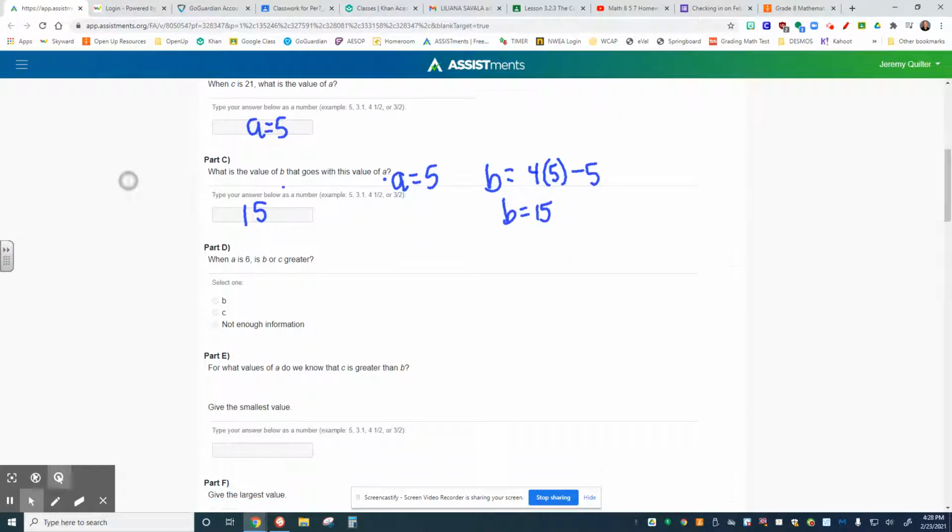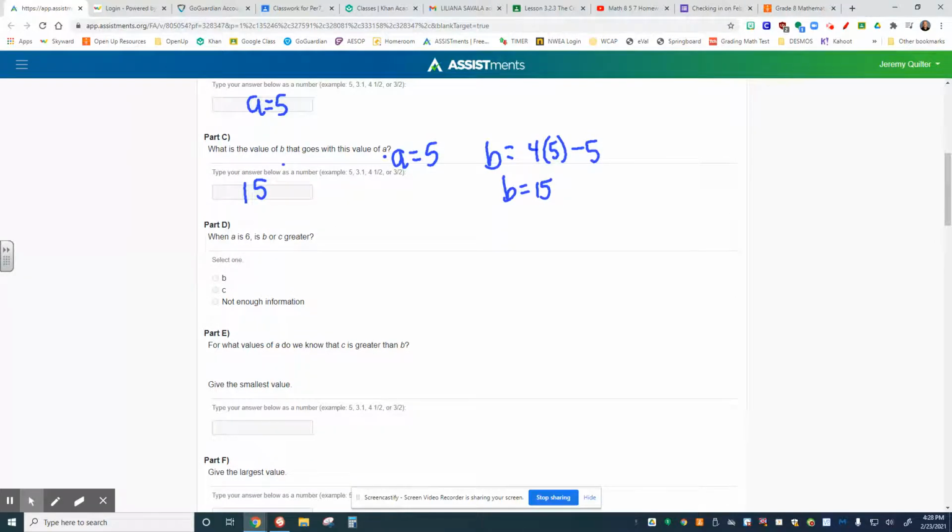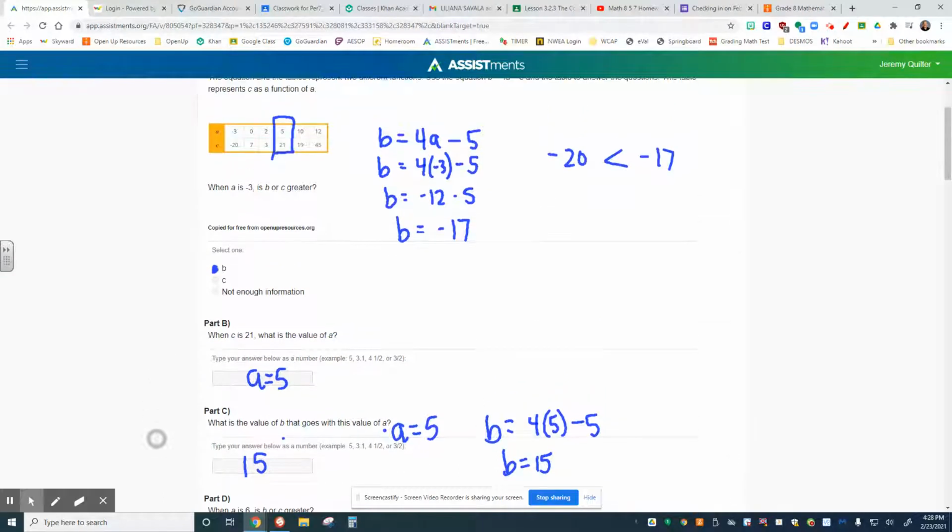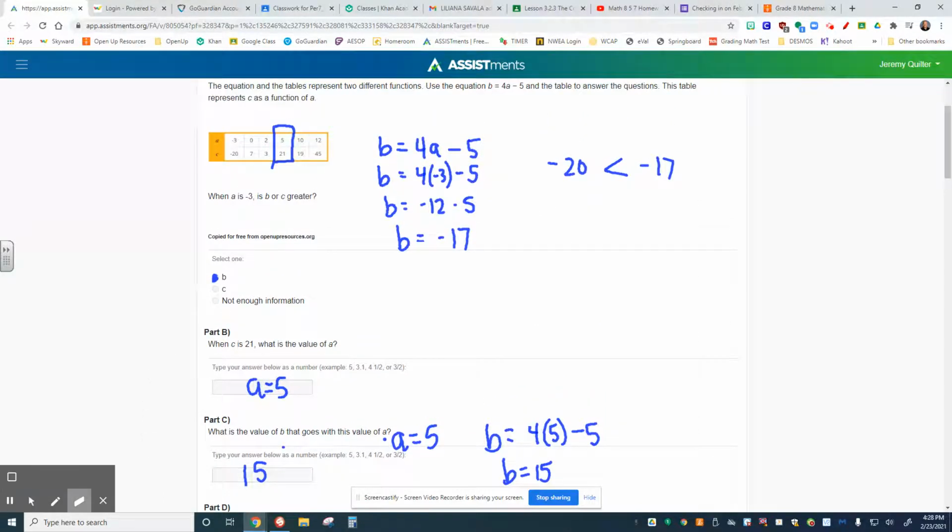Let's go on to letter D. Letter D says, when a is 6, is b or c greater? When I look back at my information, I don't have a 6 in this table. And what I would have to do is figure out, is this linear or not? And I can do that just by checking a couple of different things. I can check to see the change in x is going to be increasing by 3 here and by 27 here.